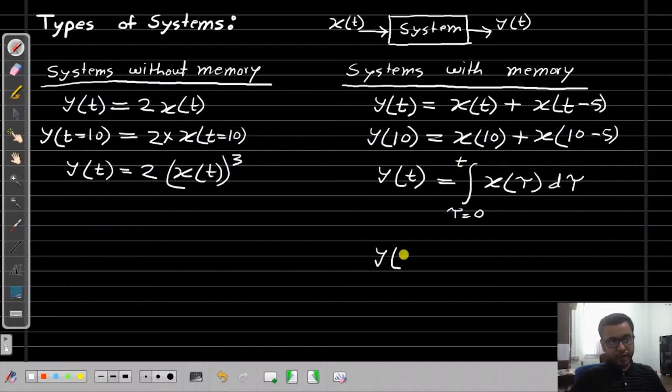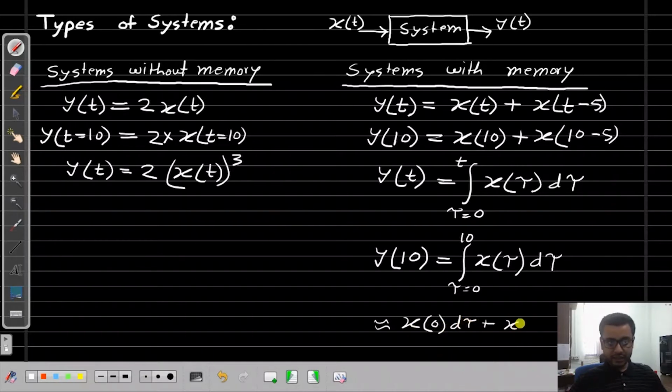Then to calculate the value of the output at 10 seconds, I need to calculate the integral of x(tau) d tau from tau equal to 0 to 10, which is like a sum of x at 0 times d tau, plus x at d tau, plus and so on, x of 5 into d tau, plus up to x of 9 and so on, times d tau.